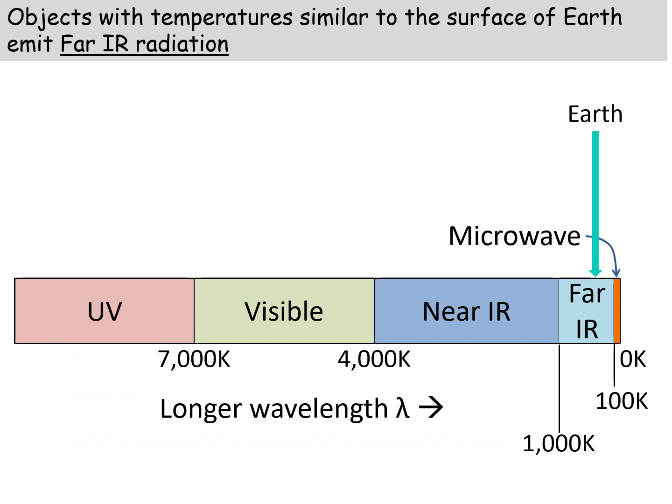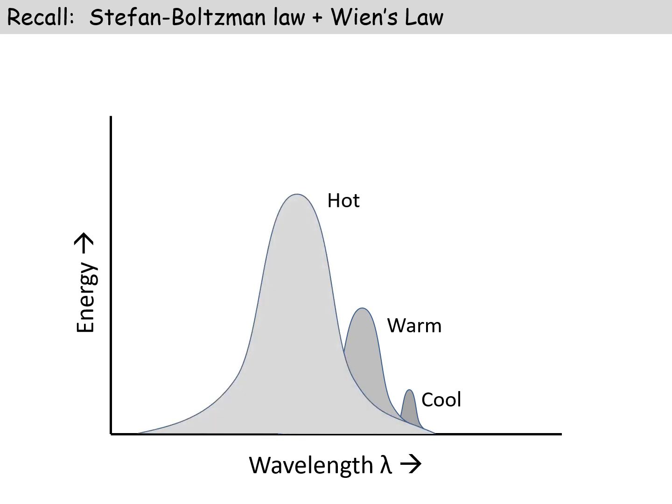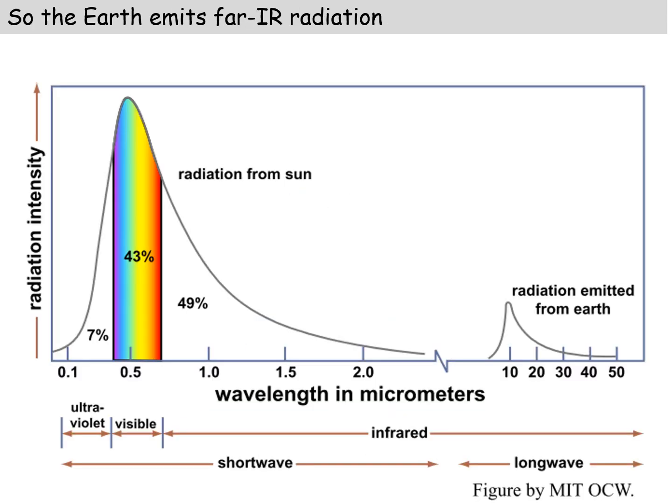Recall I said earlier that objects with temperatures around that of the surface of the Earth emit far infrared radiation. And that the colder an object is, the longer its wavelength and the less intense the radiation. Here's a diagram showing the Earth's radiation spectrum compared to the sun spectrum.